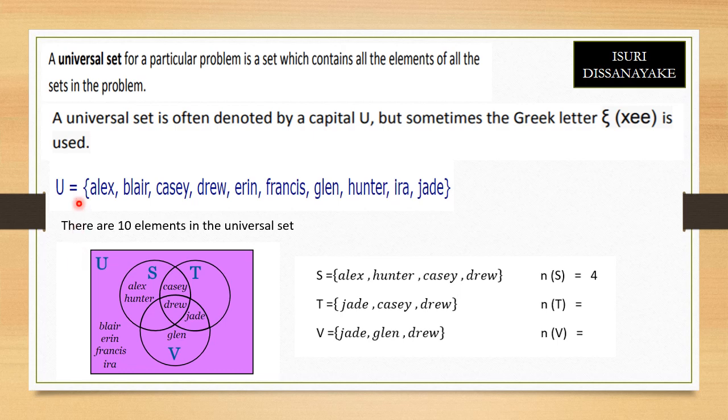So all the elements of the universal set, you have to include into the Venn diagram.